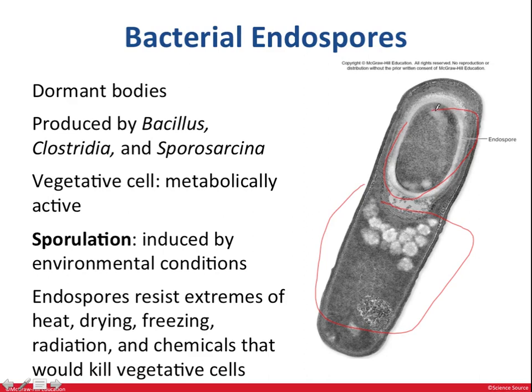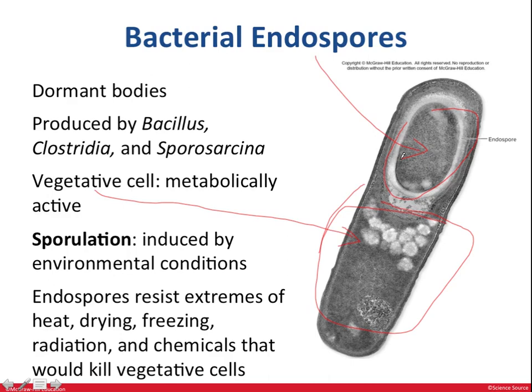The other part of the cell still has metabolic activity, so this part is called the vegetative cell. This is the endospore. Sporulation means the production of the endospore.